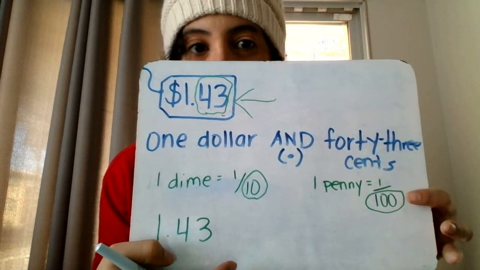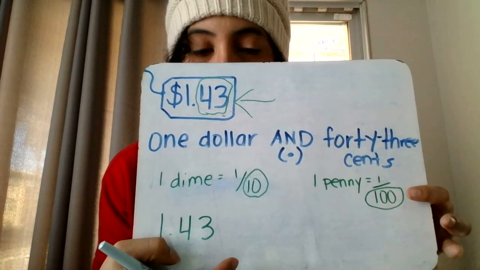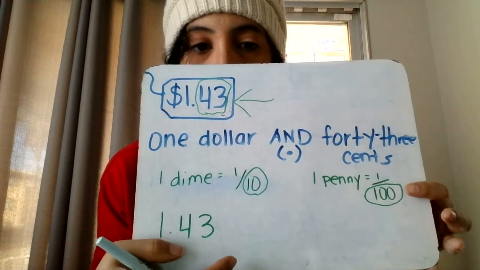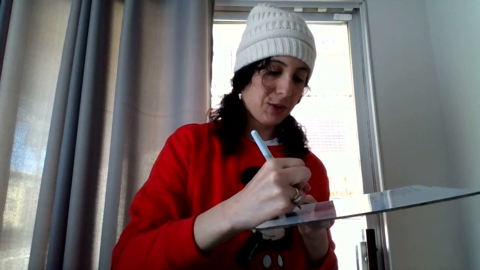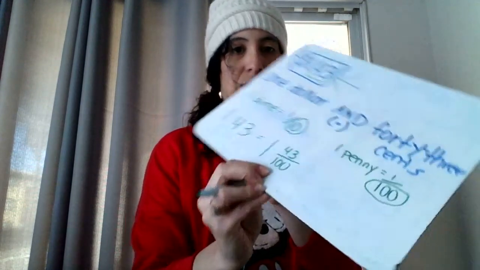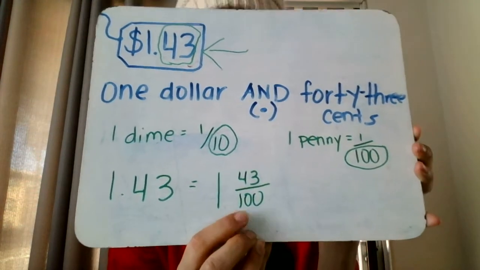By now you should realize that it's a mixed number. I have one whole and parts of a whole. So you should have said, you write it as 1 and 43 hundredths. Do you agree?